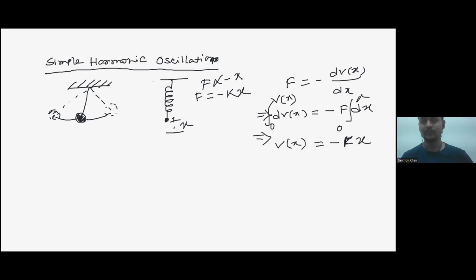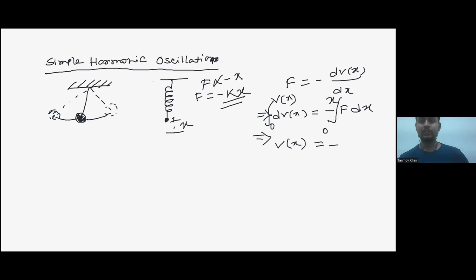Now here we have made a mistake. We know F will be minus kx. So you cannot do it like this, because F is not independent of x, right? You need to do it like this. What is the expression of F? That is minus kx.